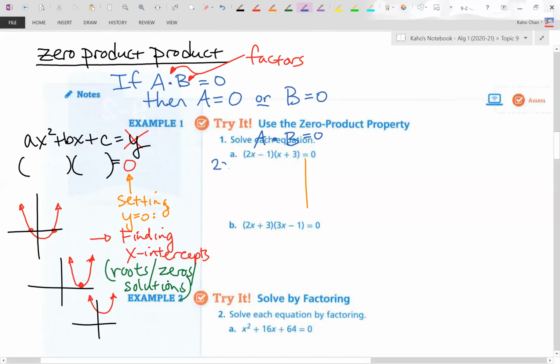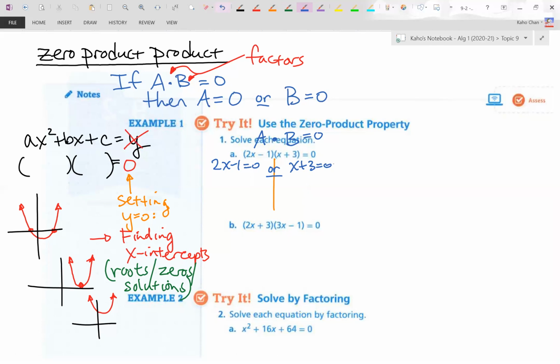So 2x minus 1 equals 0, or x plus 3 equals 0. You treat them as separate equations.